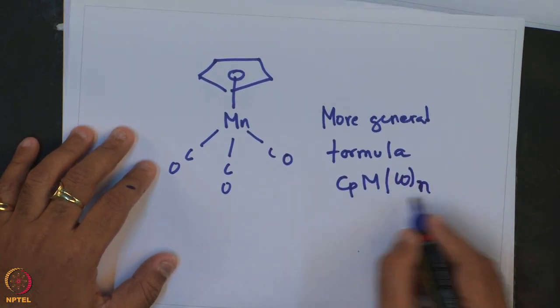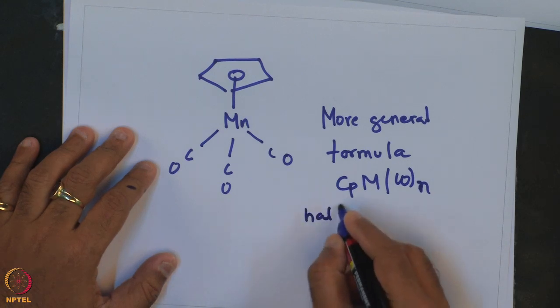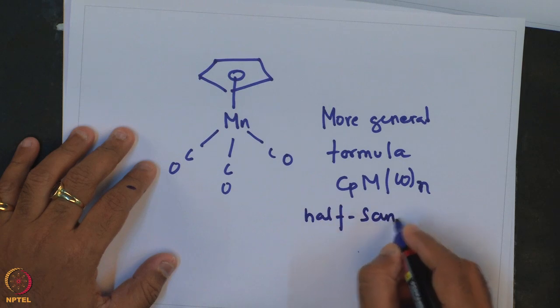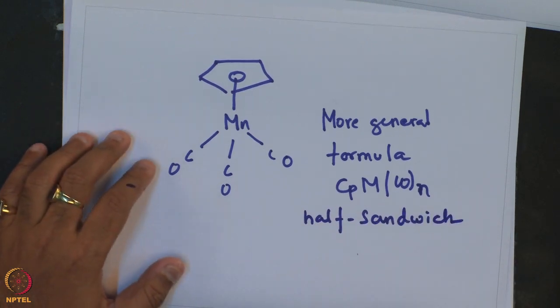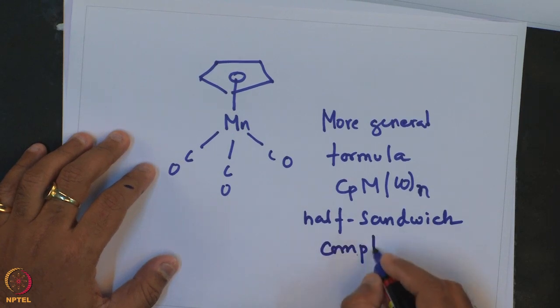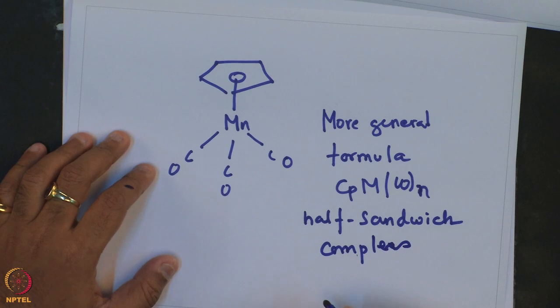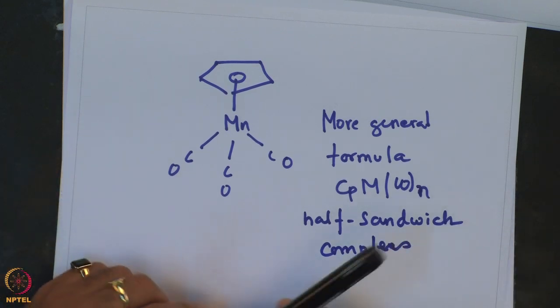Depending on the metal, the n may vary, and these are called half sandwich complexes, as opposed to the full sandwich complexes, which are there in metallocene compounds.